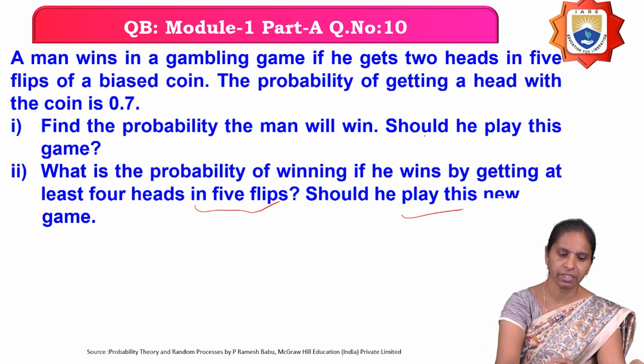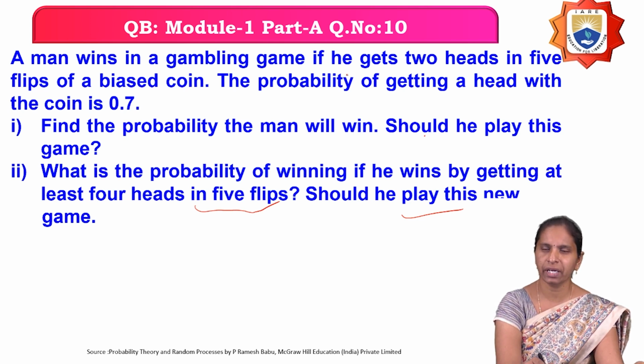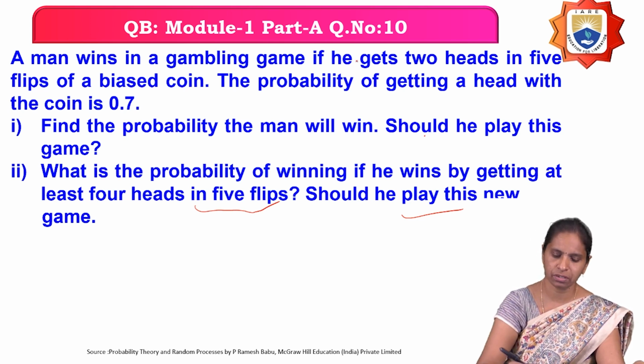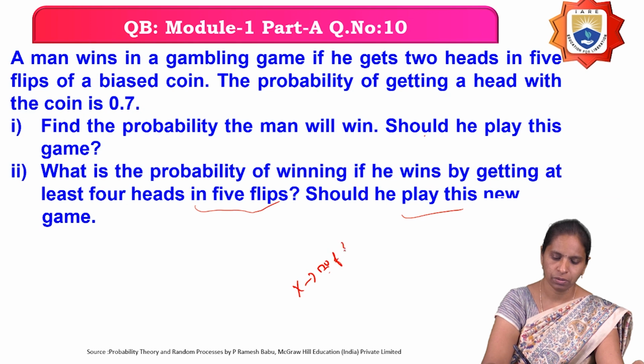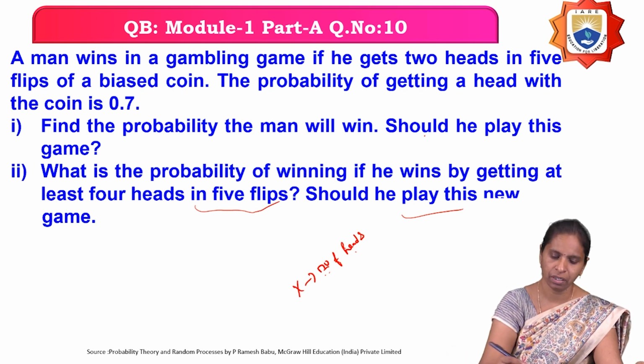So what is given is that a man is playing a game where he wins if he gets 2 heads in 5 flips. Let x equal the number of heads. When you flip a biased coin, you get a head. Then the random variable x equals the number of heads. And how many trials, how many times has the experiment been conducted?